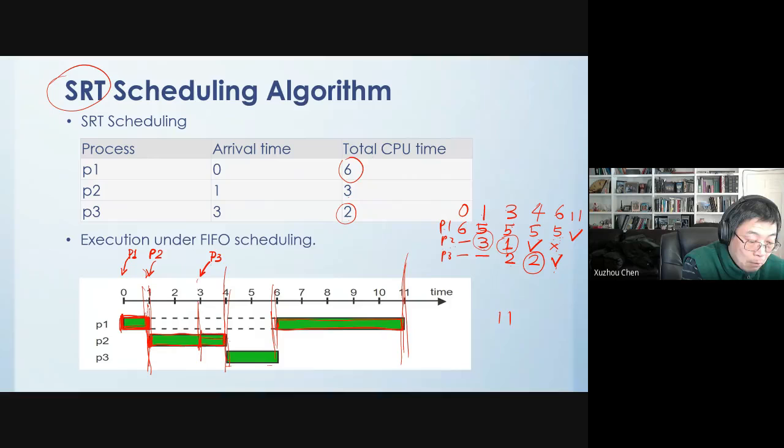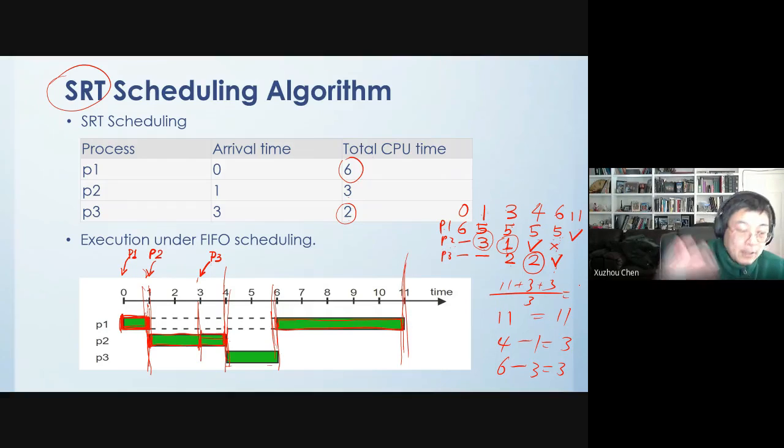P2 finishes at 4, arrives at 1, so it's 4 minus 1. And P3 finishes at 6, arrives at 3. So that's 11 plus 3 plus 3, divided by 3.